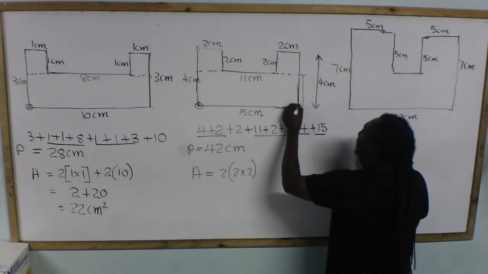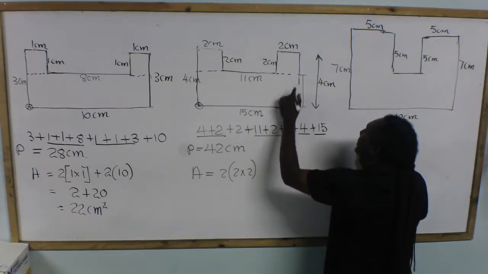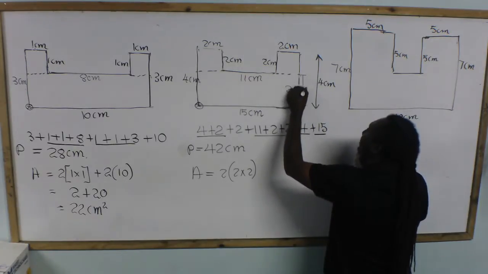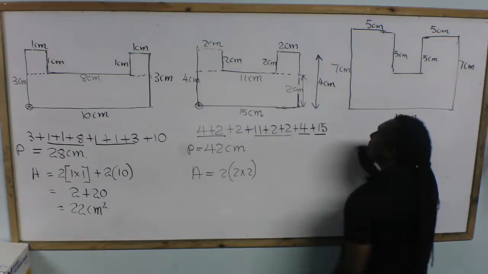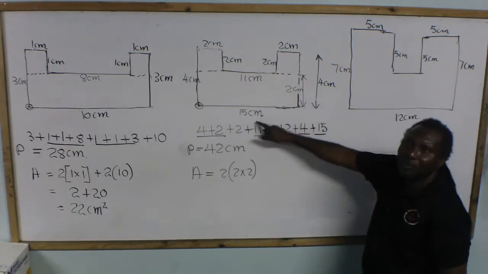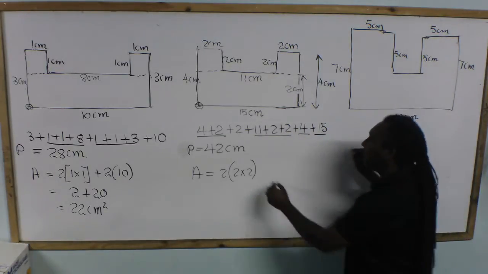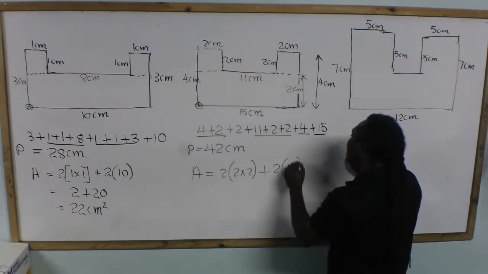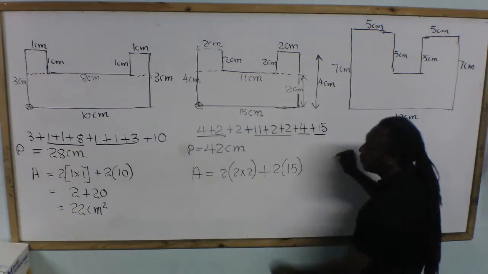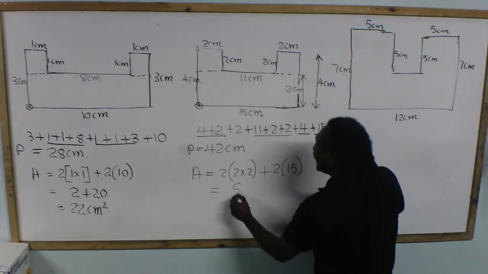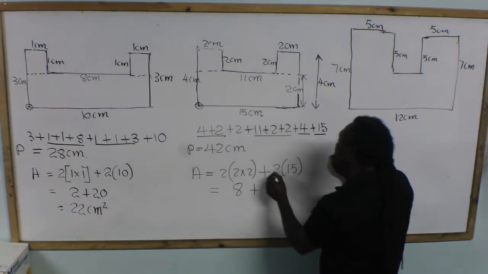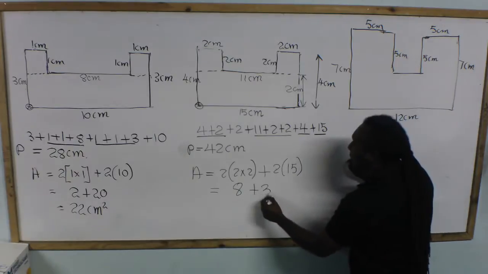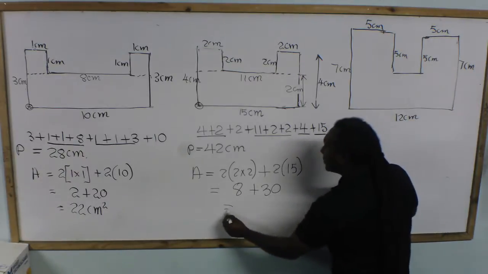So we have another 2 centimeters here. So this will be, let's take this out, 2 centimeters right here. So this 2 centimeters should be multiplied by the 15 and we get 2 times 15. So that's 30. So we have here 8 plus 2 times 15 is 30.